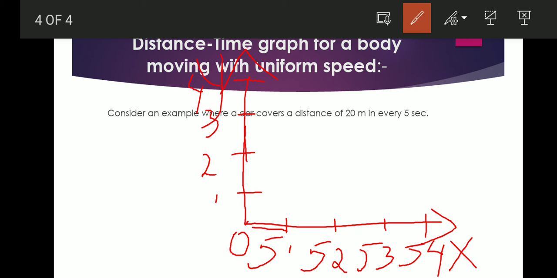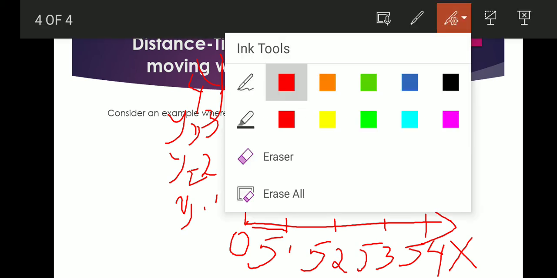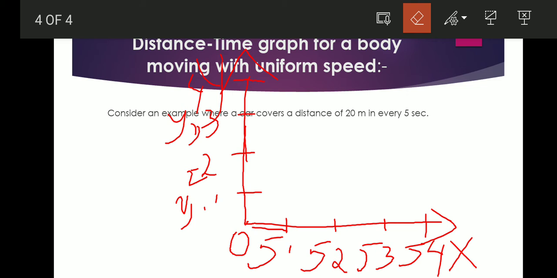Let's say this is y1, this is y2, and this is y3. Okay.